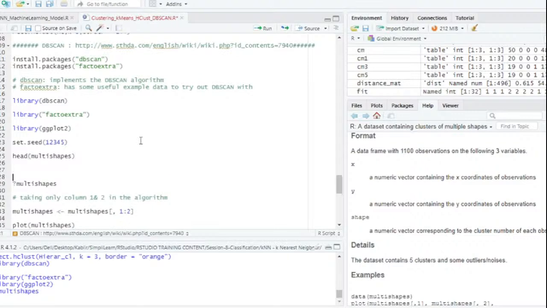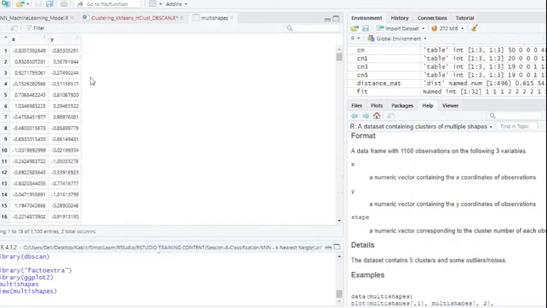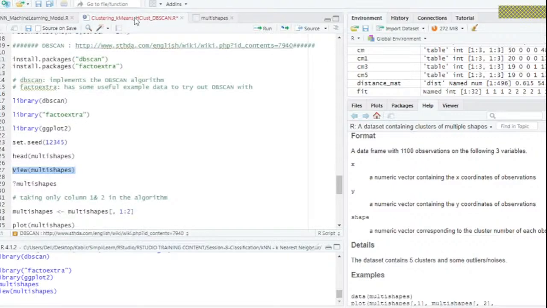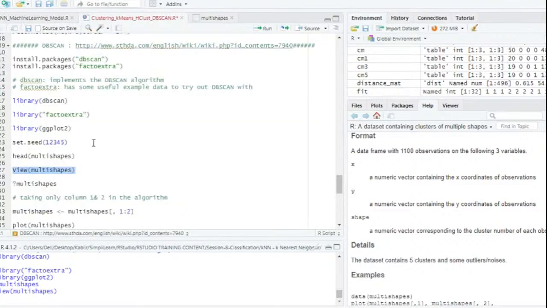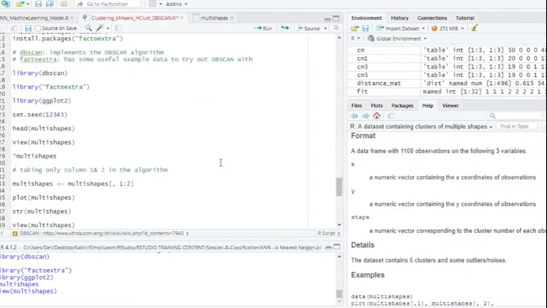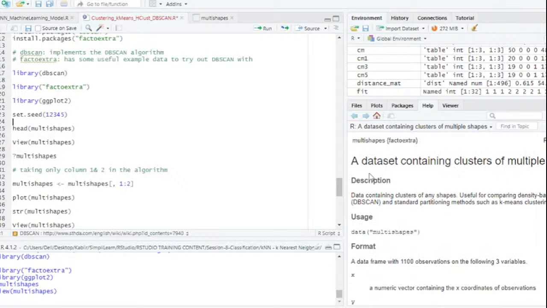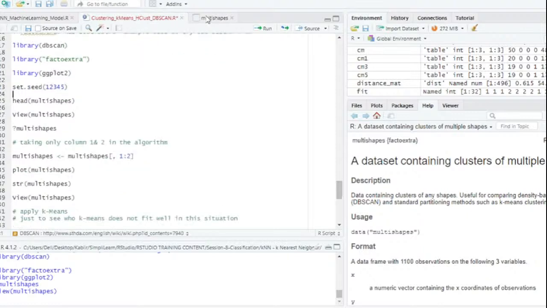If you view this data set, you see x and y. Based on these x and y coordinates of the points, we are going to cluster them into different shapes.